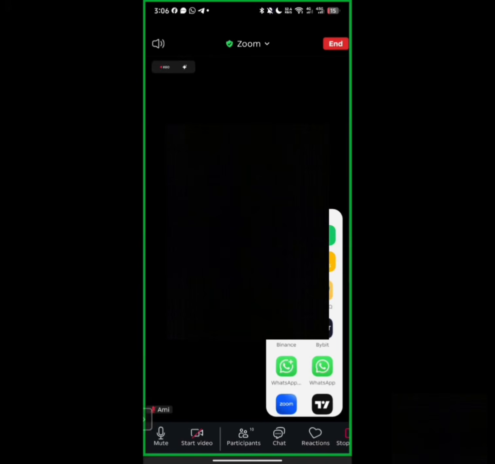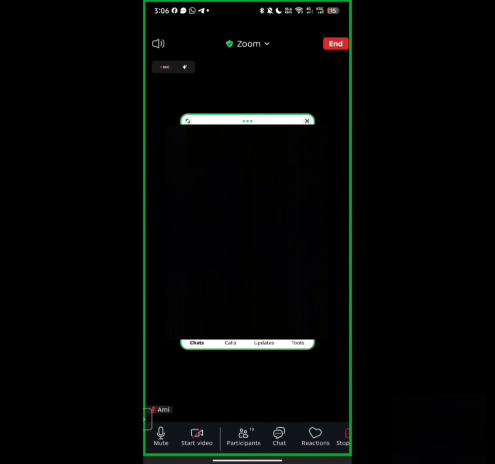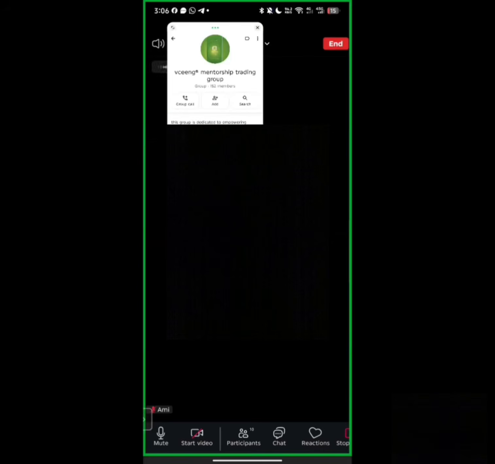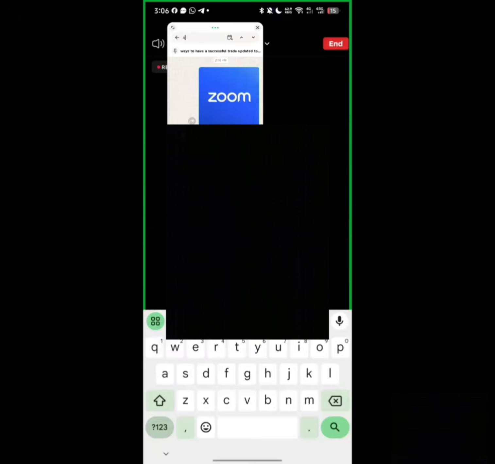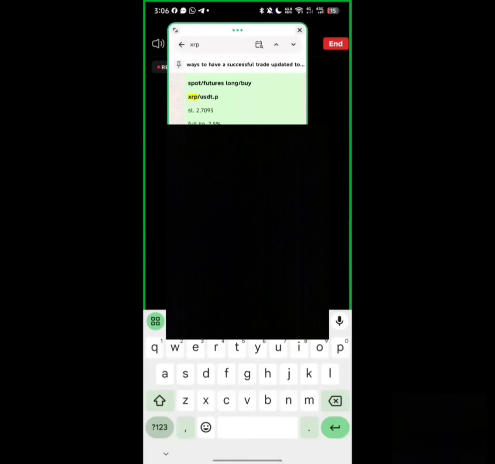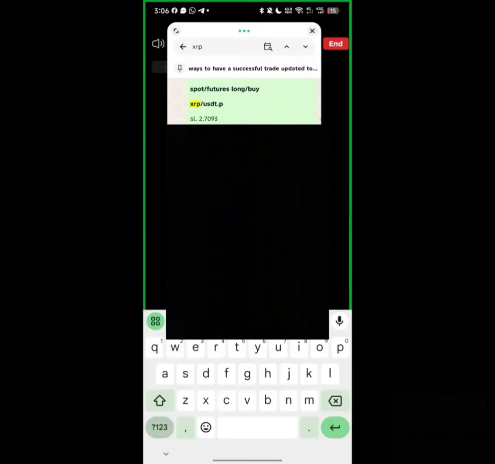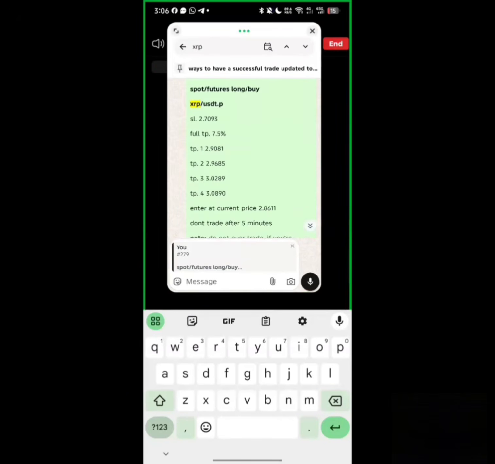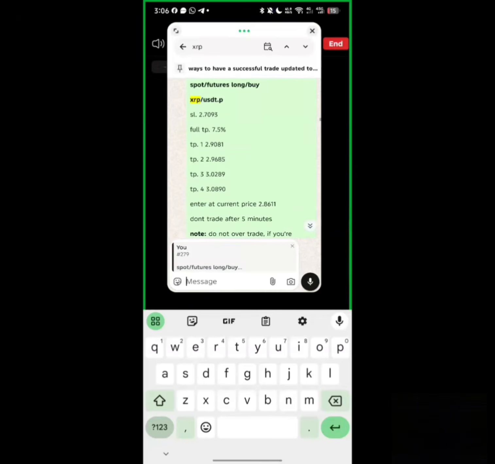First things first, you go to the group where the signal is shared. Okay. So, if this signal was given and you have to trade it, what do you do? You go to your royalq app.